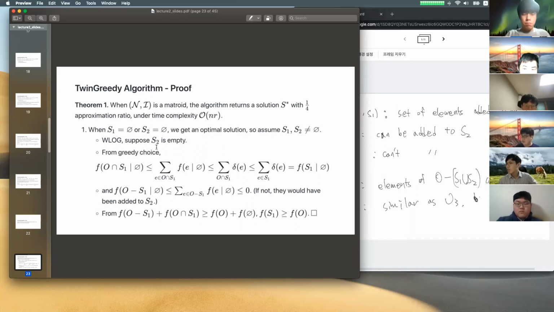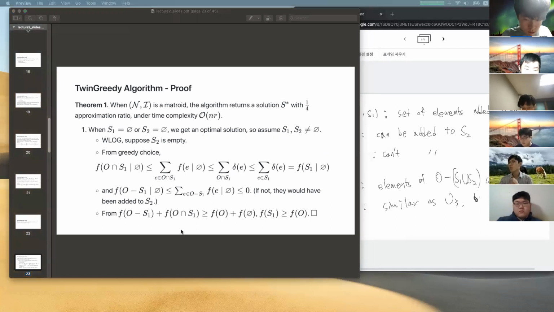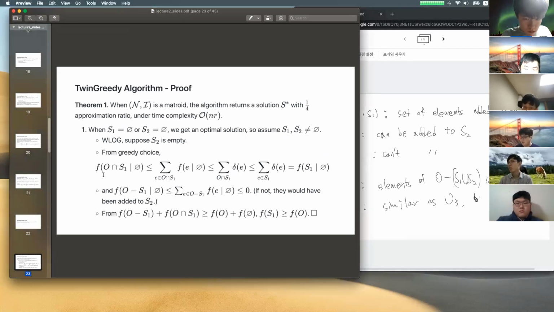To prove this, we can assume one of them, S2, is empty. From greedy choice, we get this relation.